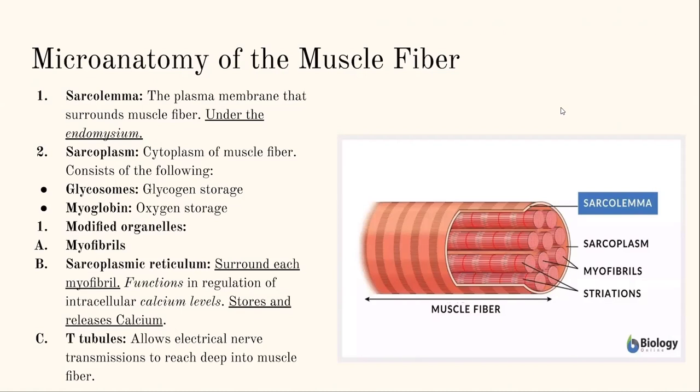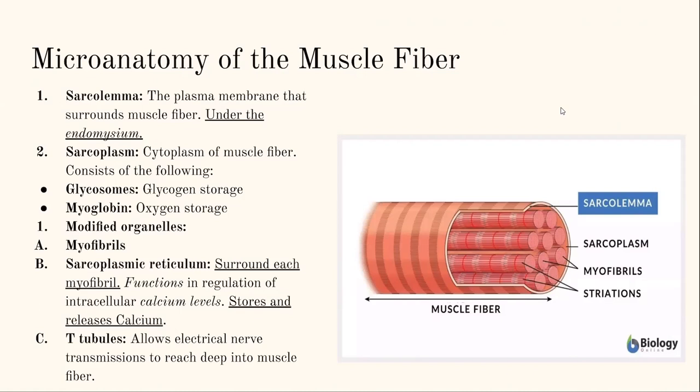And the muscle fiber has modified organelles: the myofibrils, the sarcoplasmic reticulum, and T tubules. The sarcoplasmic reticulum is going to surround the myofibrils, and its function is to regulate the calcium level. So it stores and also releases calcium.